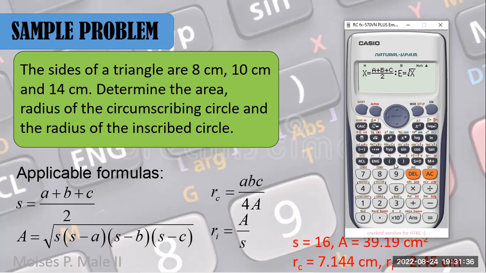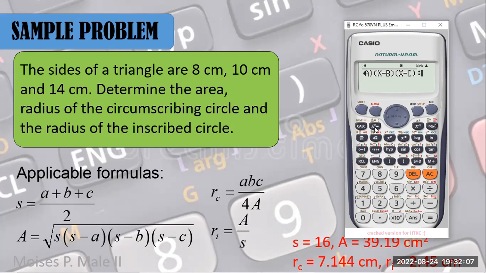So alpha X times alpha X minus A, times alpha X minus B, times alpha X minus C. Okay, so you now have the area. Tandaan nyo lang na ginamit yung area is E, ginamit yung S is yung X.